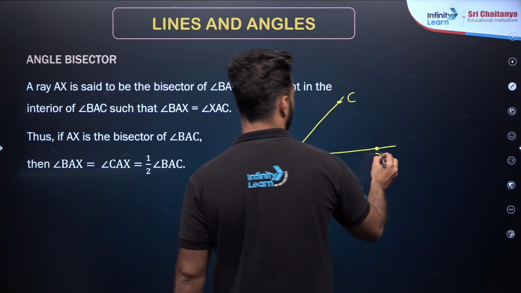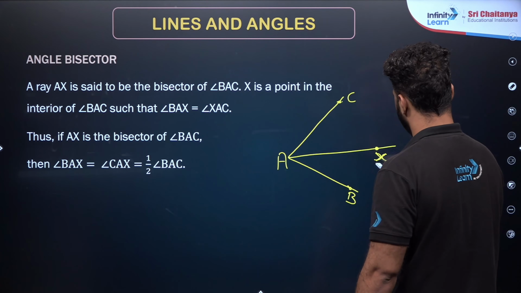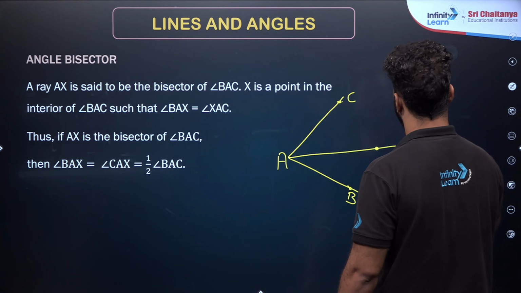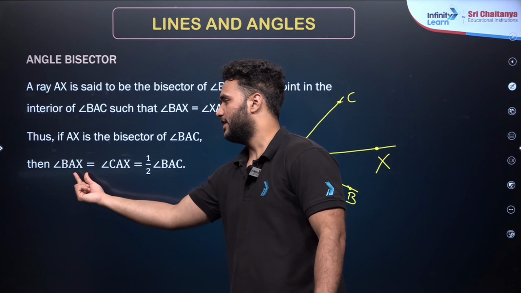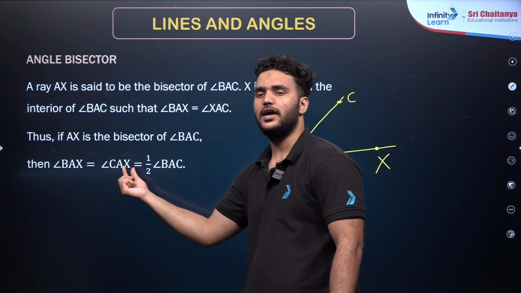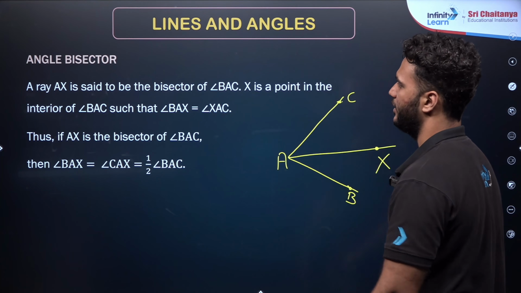Consider it capital X. Now it's good. So you can read BAX, CAX, they are half of the total angle, that complete angle we just divided.